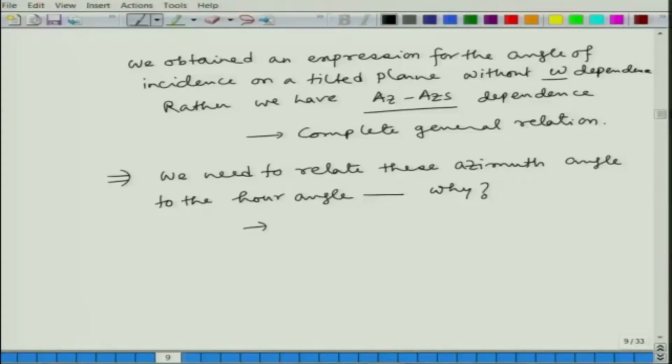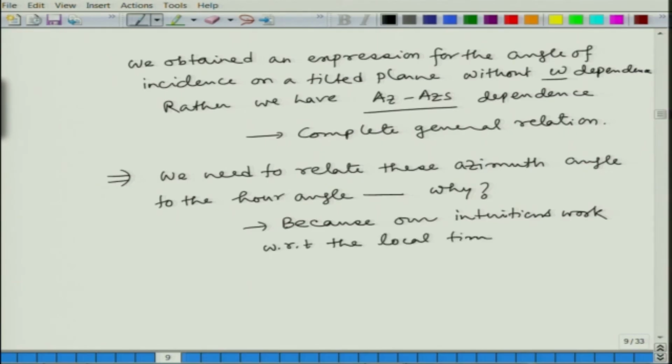That is how our intuitions work. We do not think in terms of the global scale. We think of the watch that we have, we can at least connect it to the solar time, and then for that local solar time we have to connect to what those azimuth angles mean, because our intuitions work with respect to the local time. Okay. So, that hour angle dependence has to be there.